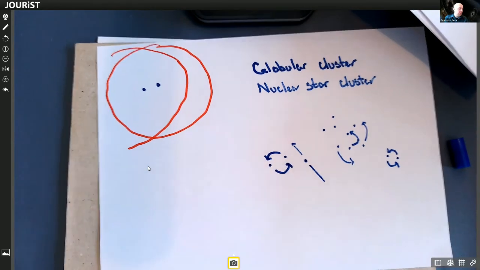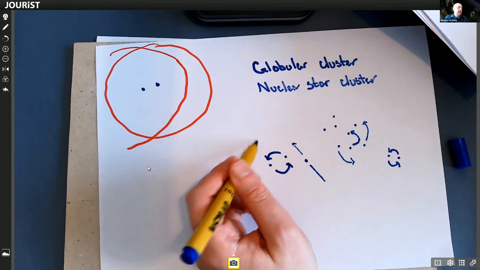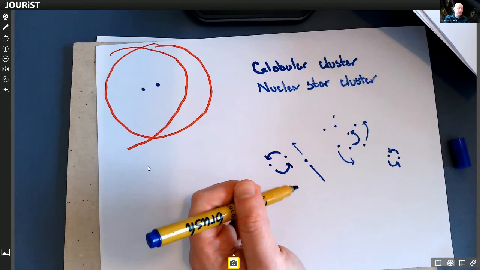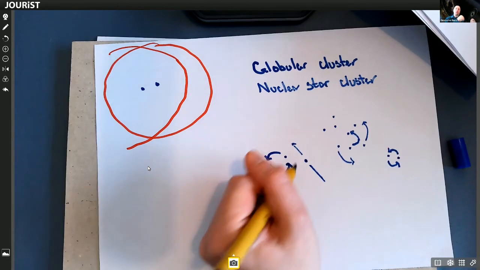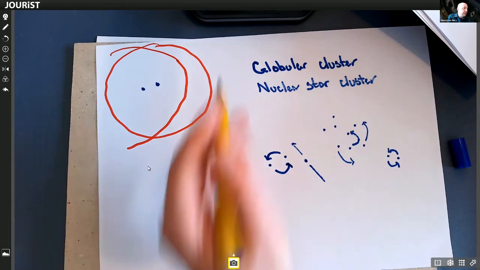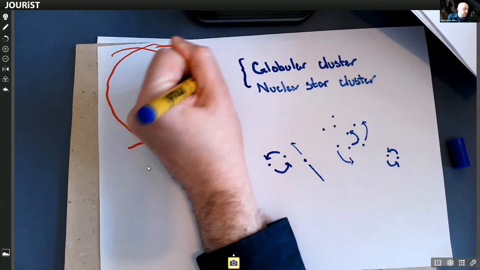So you have lots of interactions going on, potentially. Each one of those hardens the binary slightly. And so you have a way of shrinking your orbit, driving it smaller and smaller over time, until you hit the regime where gravitational wave emission takes over and you get an inspiral in a short time. So these formation channels are known as dynamical.